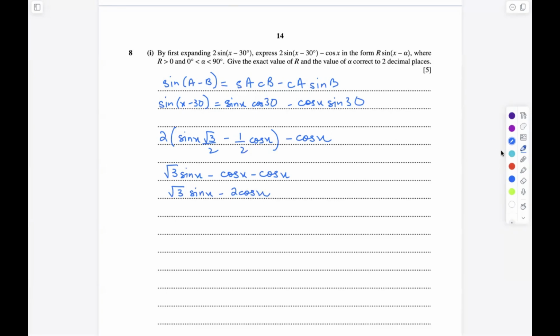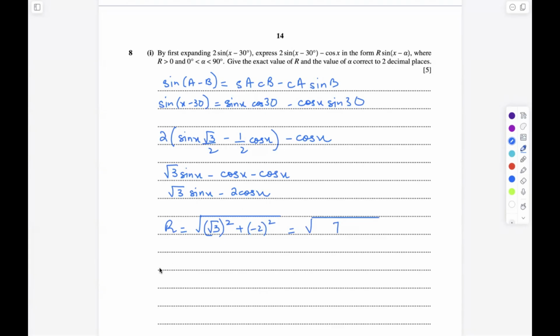Now, as we have to express this in the form r sine of x minus alpha, if it is given in the form sine plus cos, to find r we take the square root of the sum of the squares of the coefficients of sine and cos. So this will become root of root 3 whole squared plus minus 2 whole squared. Simplifying, we get root of 3 plus 4, so that will become root 7.